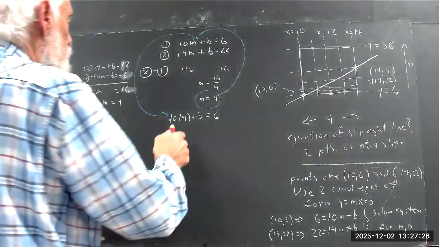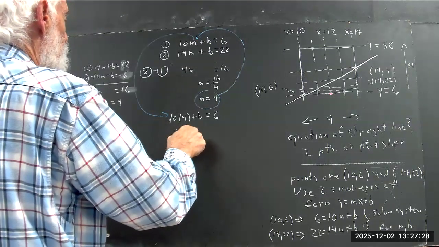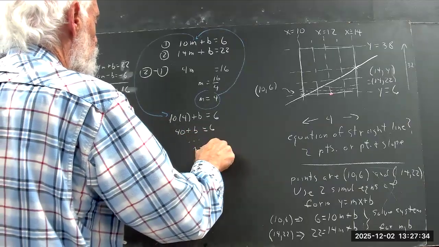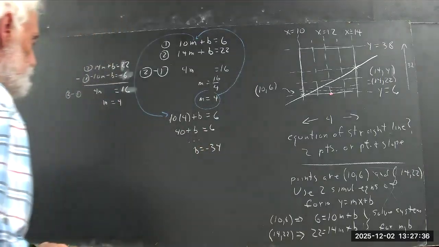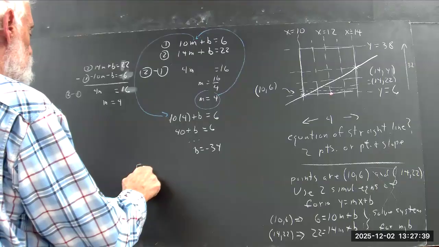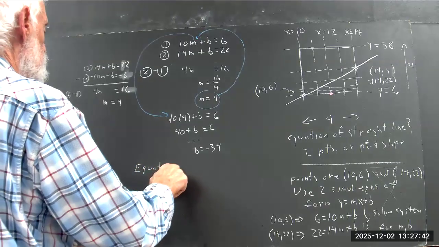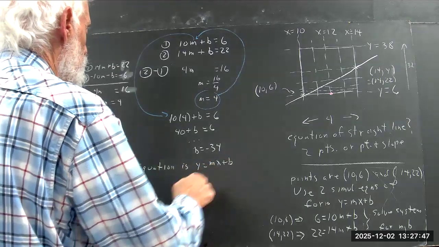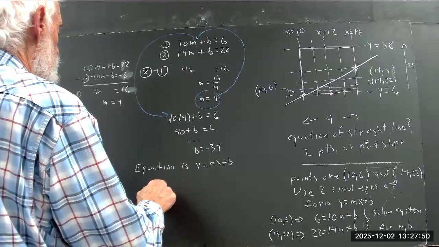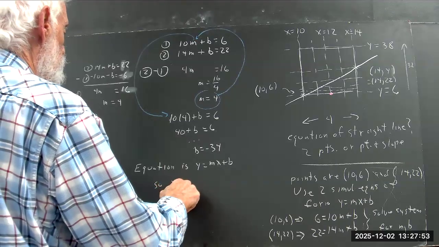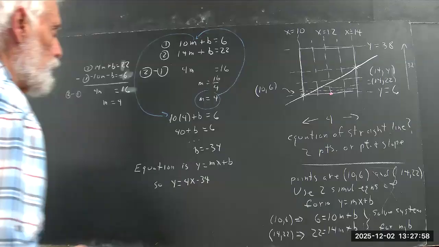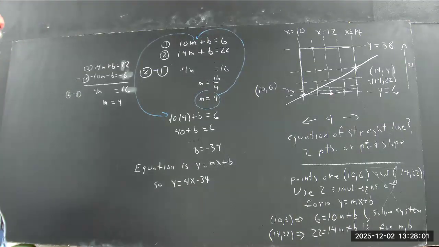No, it's okay. All right, so that gives us 40 plus b equals 6. B equals negative 34. So y equals 4x minus 34. And that works out.